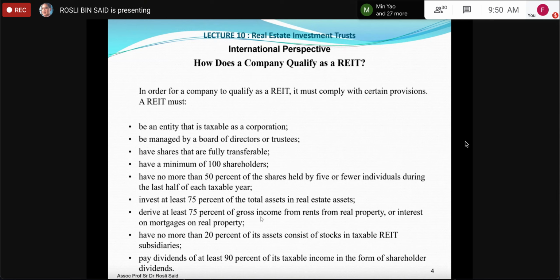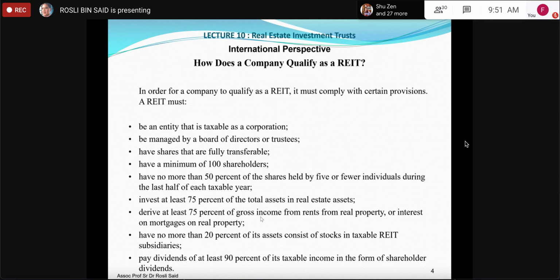But in Malaysia, a REIT company cannot provide loans, cannot provide funds, and in fact, they cannot even develop their own property to become a REIT company. Developers who develop the project, and then do not sell, and then want to be a REIT company, in Malaysia it's not allowed.